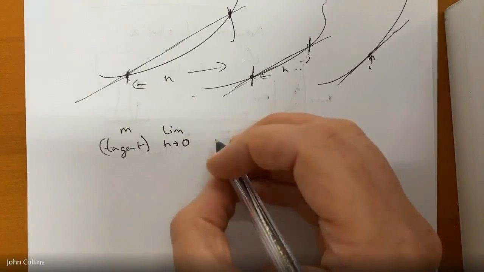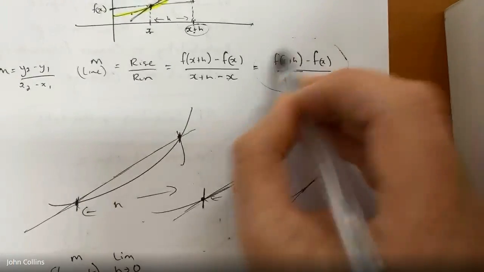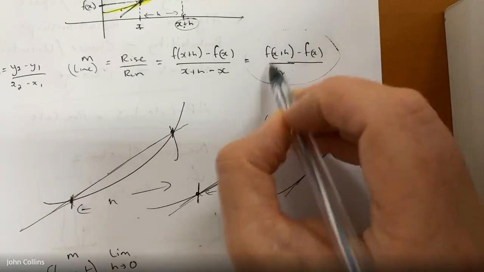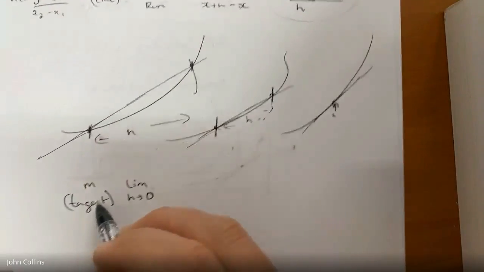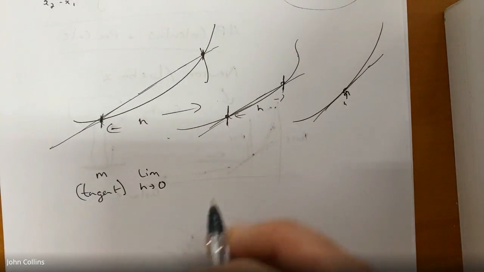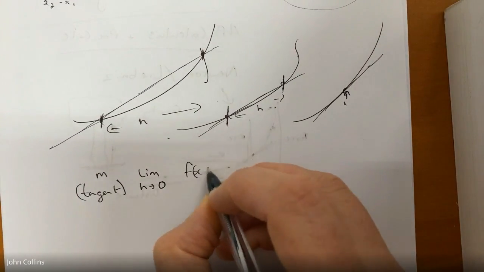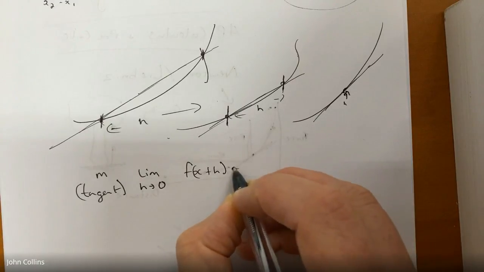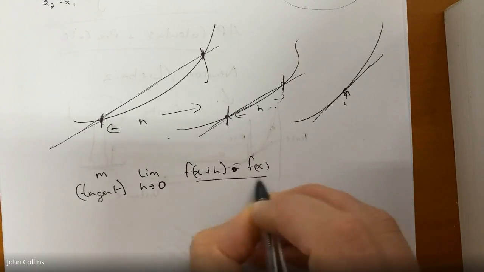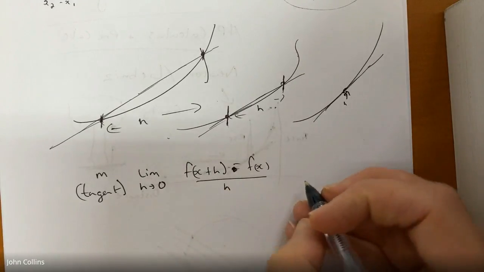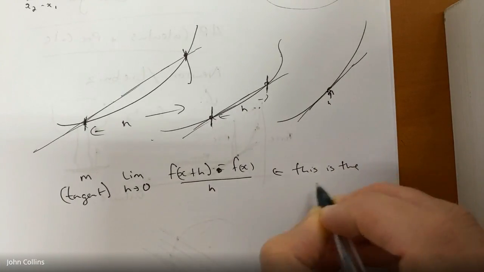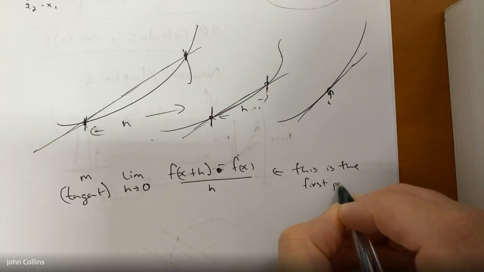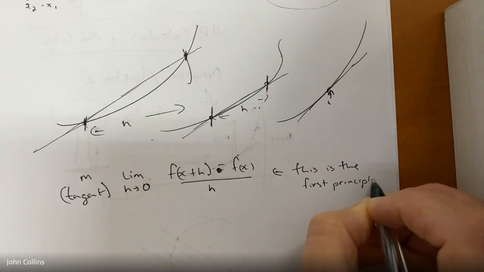Now you saw, so if I do the slope between the two, of the secant, or tangent now in this case, because I'm bringing them so close together, you saw this, hopefully, in the notes. And of course, this is the first principles of calculus. It's the first bit of calculus.